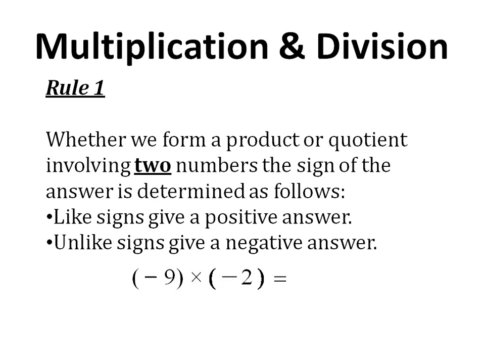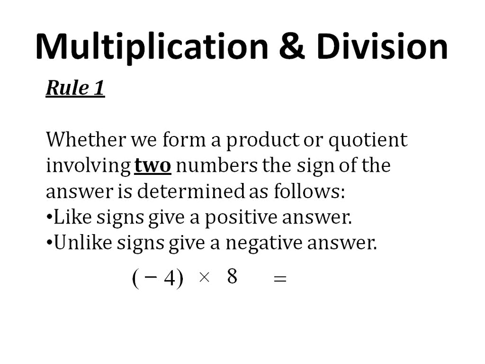So the numbers having like signs, the answer when we multiply is going to be positive. 9 multiplied by 2 is 18. The answer is positive 18.